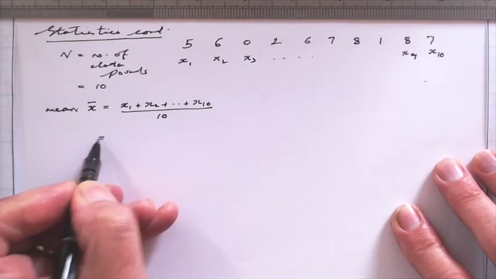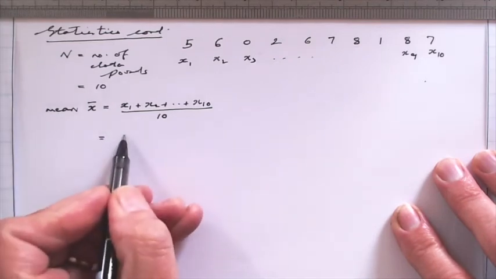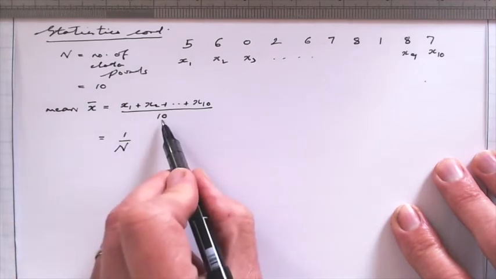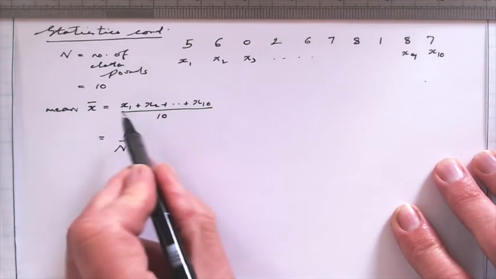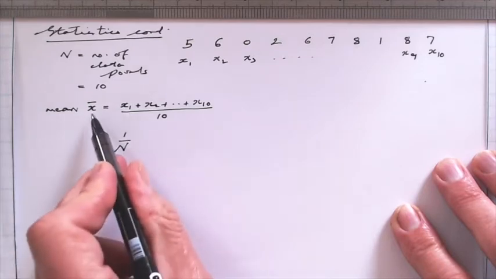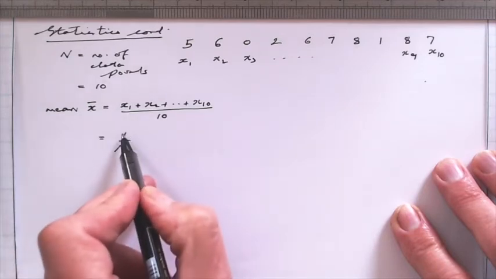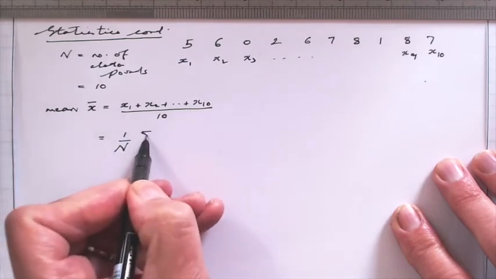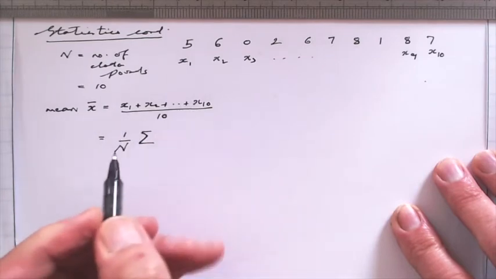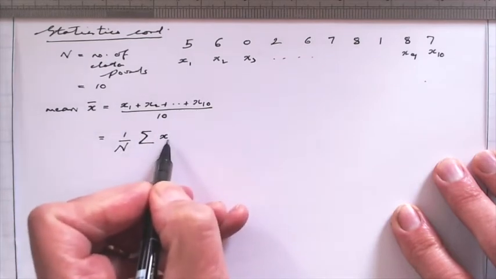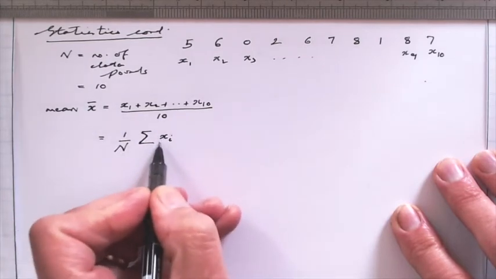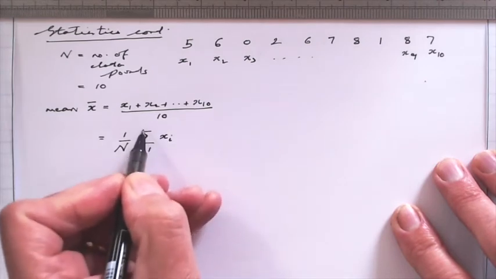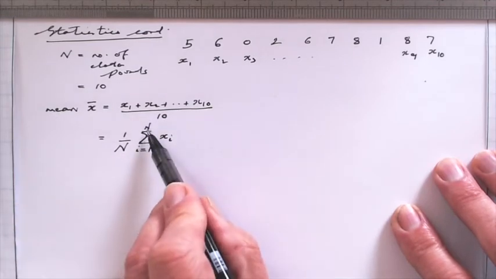Let me show you how you can write that symbolically, because it's helpful to see this. Dividing by 10 is like multiplying by 1 over 10. So generally for the mean you have 1 over the number of data points, and then this symbol is a way of writing that sum. We're summing over the values xi, taking that label i from 1 to the total number of data points.